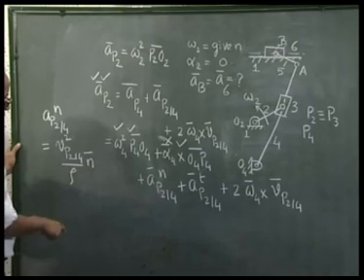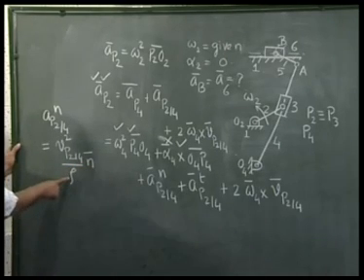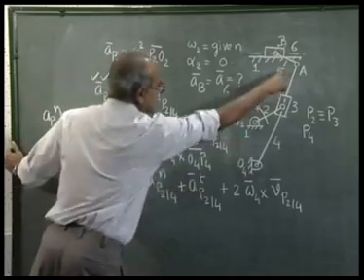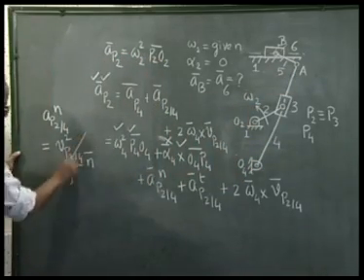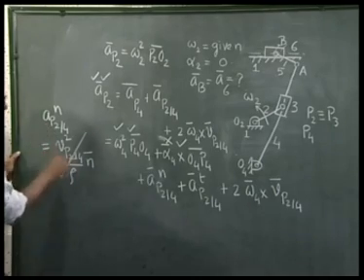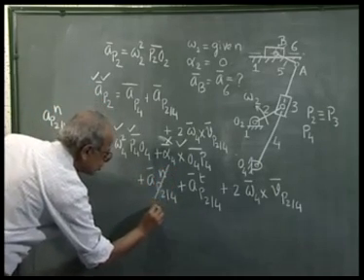Now, for this particular case, because the path is a straight line, the radius of curvature rho is infinity, so this goes to 0.